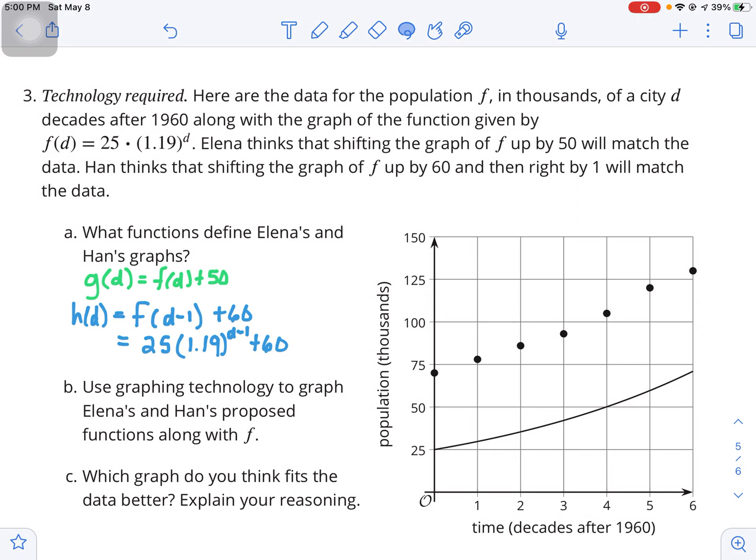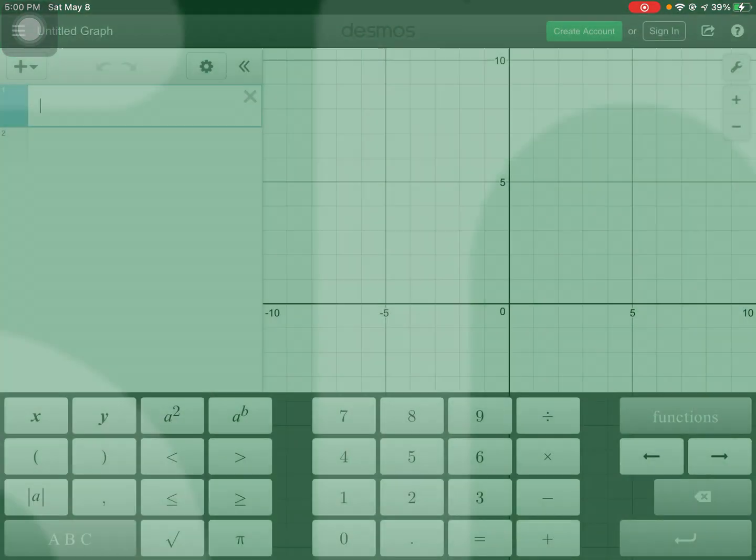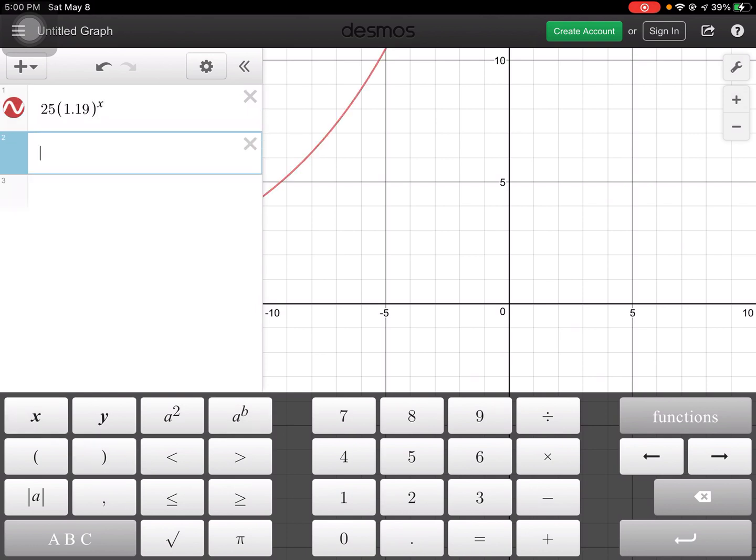So we'll go to our Desmos app and type them all in and graph them. So the first one is the original, 25 times 1.19 to the x, and then we've got 25 times 1.19 to the x plus 50.